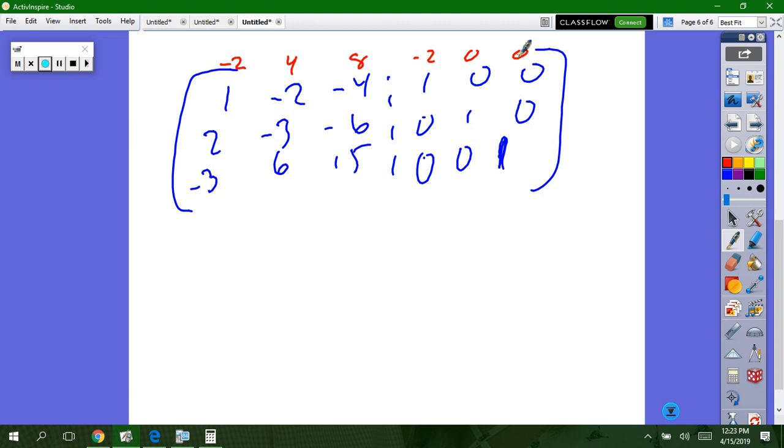How do I get rid of this -3? I times row 1 by how much? It's just regular old 3, right? And notice 1 times 3 is 3, -6, -12, 3, 0, 0. So I keep the top row.